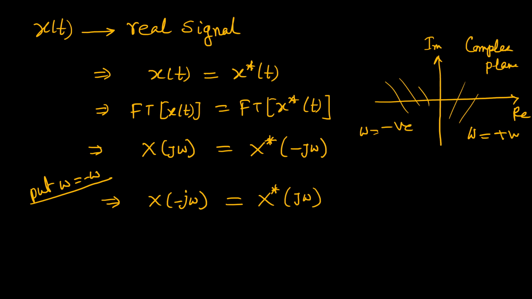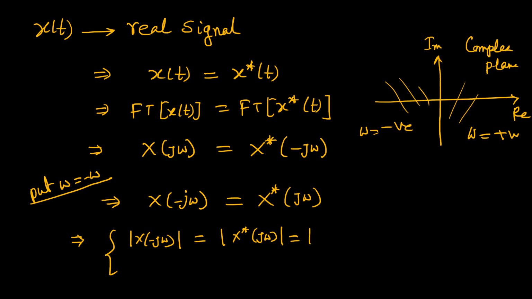So what I can say, this implies two things. First of all, the magnitude of X of minus j omega will be the same as the magnitude of X star of j omega, and this conjugate and X of j omega both have the same magnitude because one is a plus jb form and one is a minus jb form.